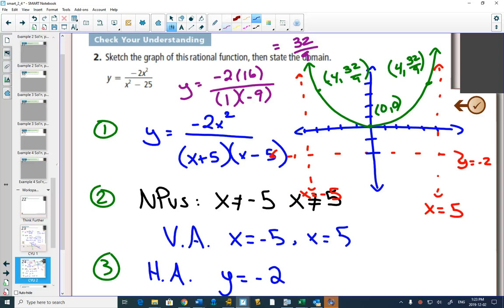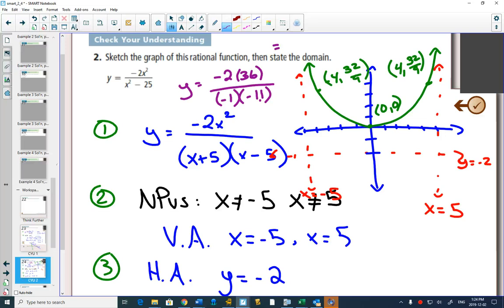So if I plug in -6. -6 squared is 36. -6 plus 5 would be -1. -6 minus 5 would be -11. If I multiply this all out, I'm going to get -72 over 11.